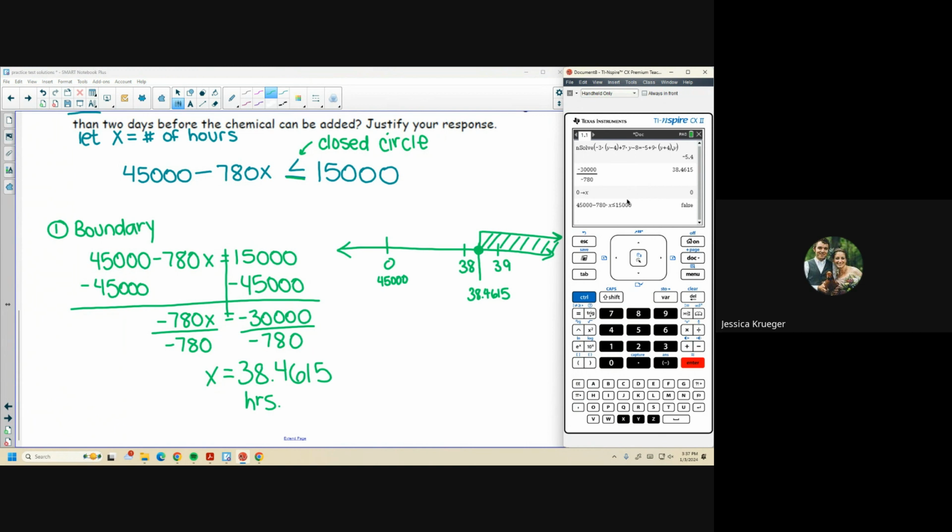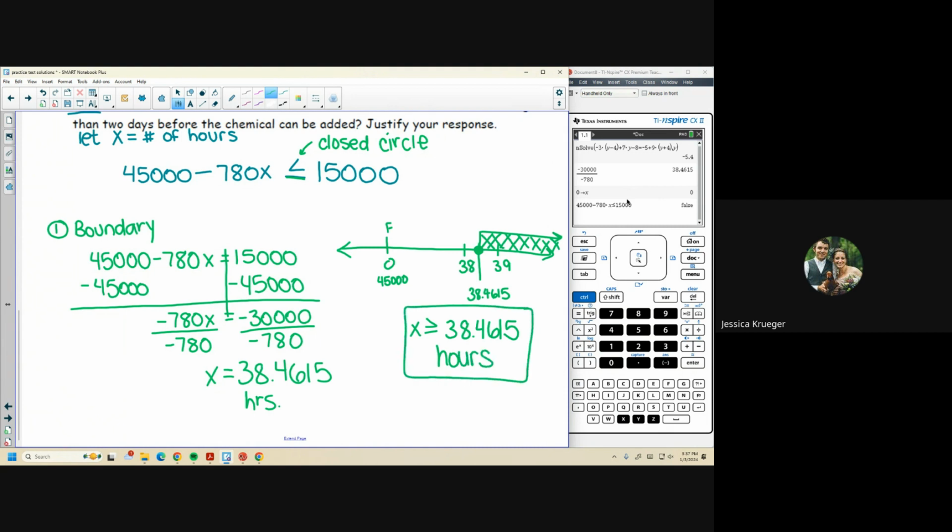So at 0, it's false. That means I do not want 0 as part of my solution. So I'm not going to shade the left side of my boundary. I'm going to shade the right side. So my answer would be X can be anything that is greater than or equal to, because I shaded above, 38.4615 hours.